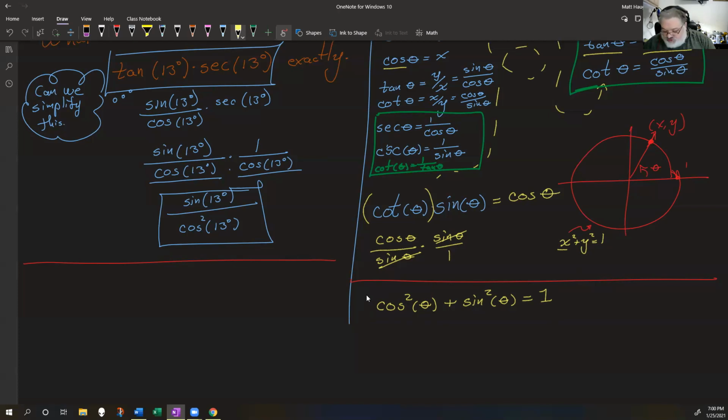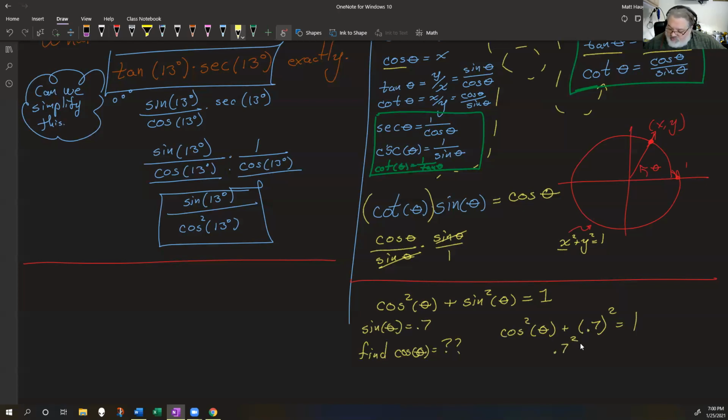So just for the sake of argument, say you know the sine of theta is equal to 0.7, and somebody says, okay, find the cosine of theta. There are a couple ways to do that, but one of them, knowing the sine is 0.7, is that the cosine squared of theta plus 0.7 squared should equal 1.